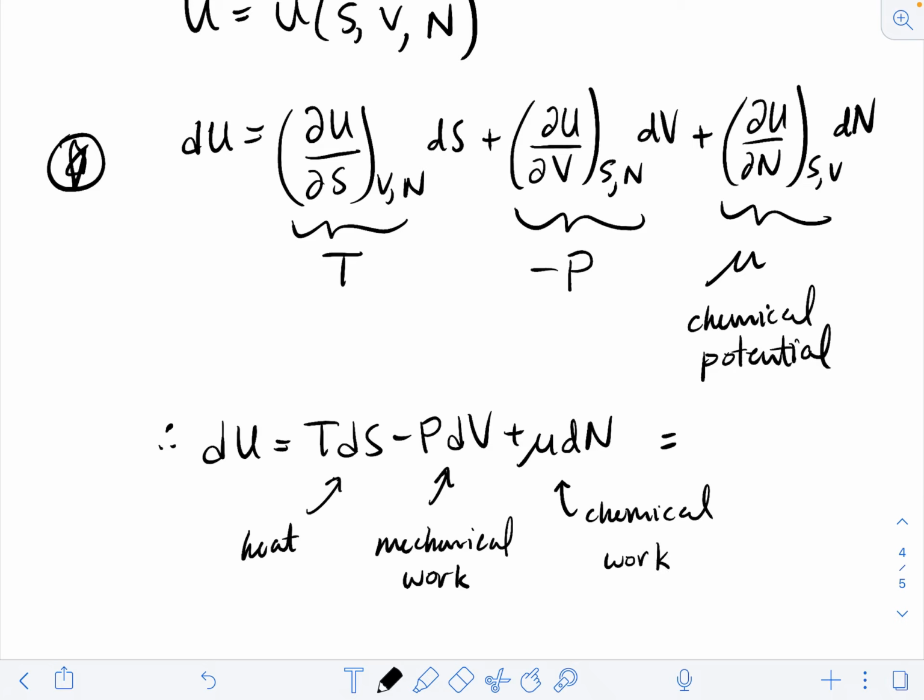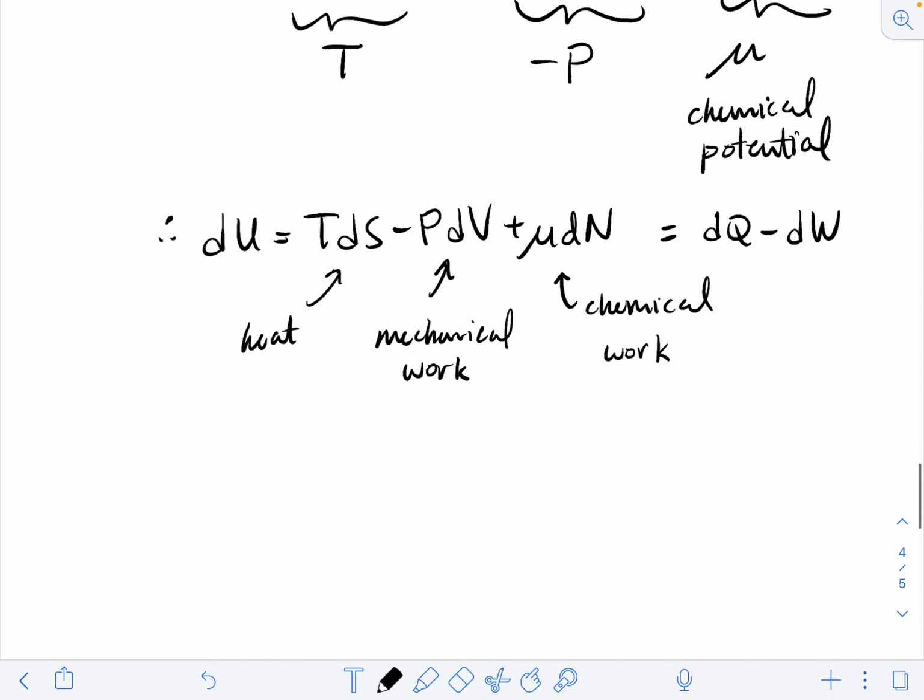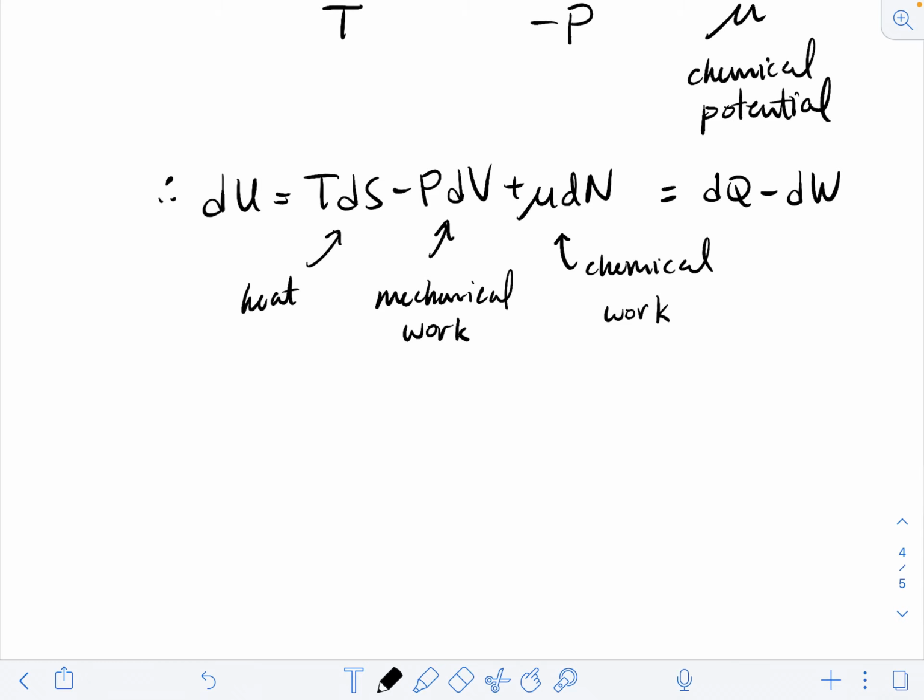We could write this then as dq minus dw, where the net work includes both the mechanical and the chemical work. In order for this expression to be dimensionally correct, dU is obviously a change in energy, dN is just a number of particles, it doesn't have any units, and so it must be that this chemical potential has units of energy.